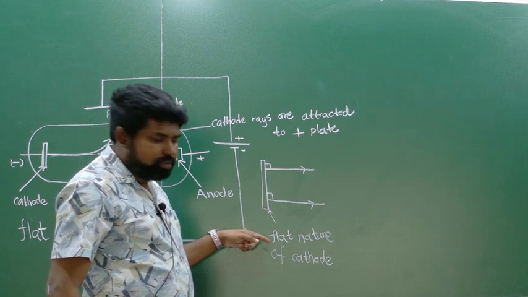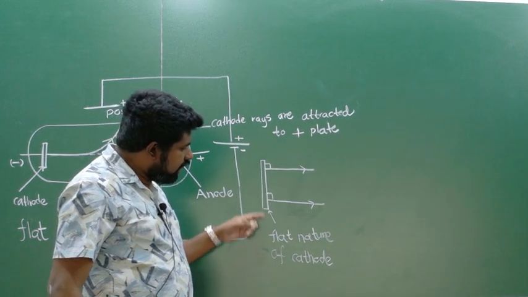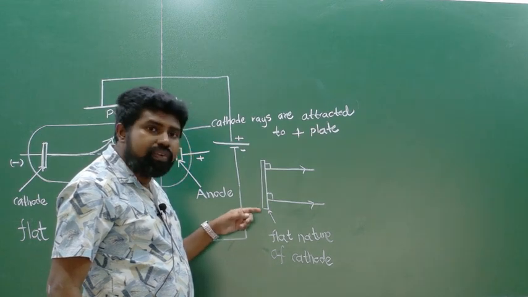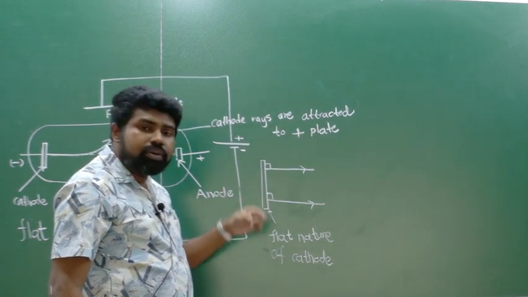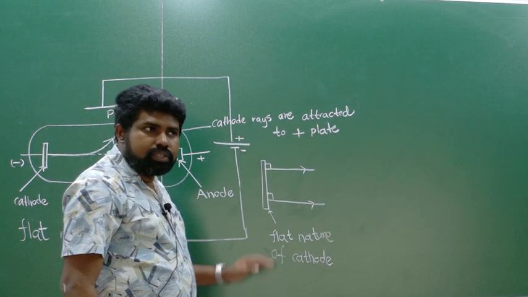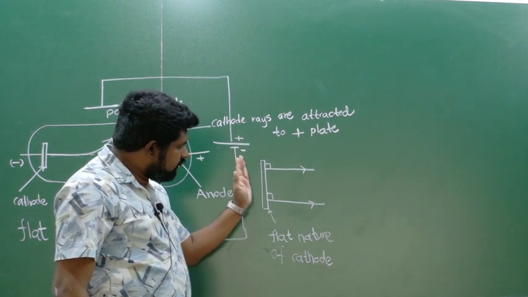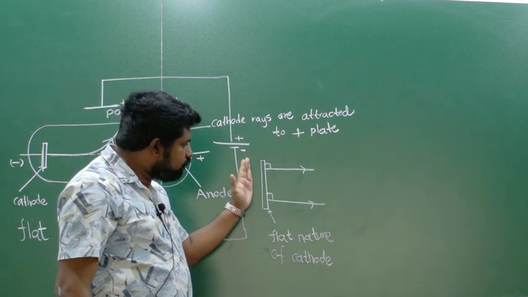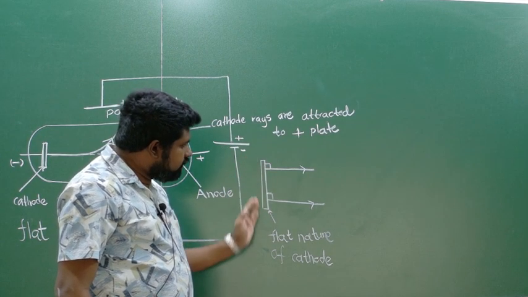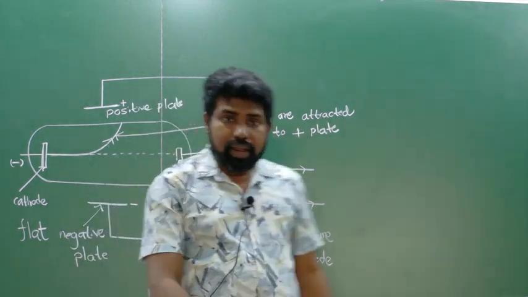So the reason is, as the cathode is flat, the rays are originated perpendicular.